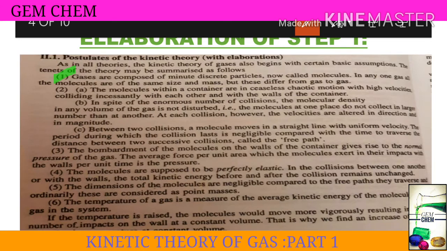This will vary for other gases such as nitrogen, water vapor, depending on composition. Now second point, A. The molecules within the container are in ceaseless chaotic motion with high velocities, colliding incessantly with each other and with the walls of the container. Basically, it means that gas molecules are in random motion.